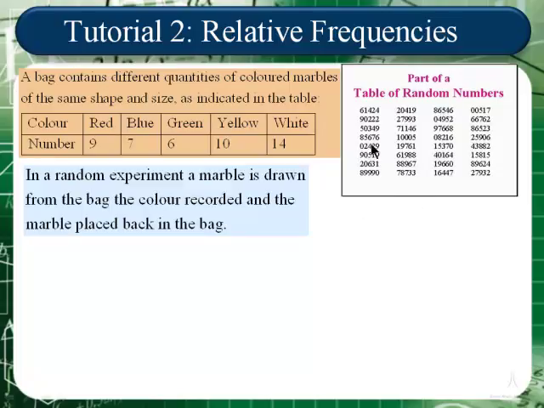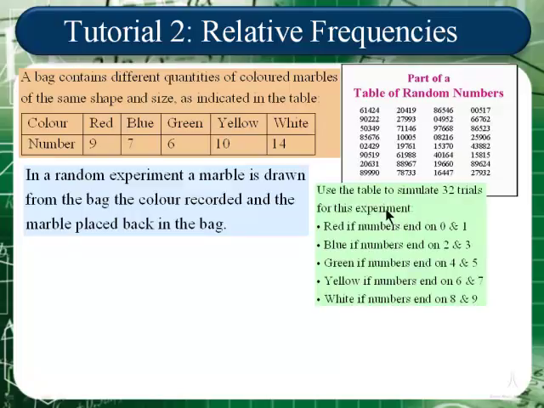There are 4 columns and 8 numbers in each of the columns. So we're going to use this particular table to simulate 32 trials for this experiment. By allocating a number ending on 0 and 1, we allocate to that number the color red.